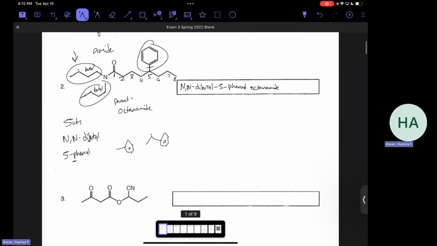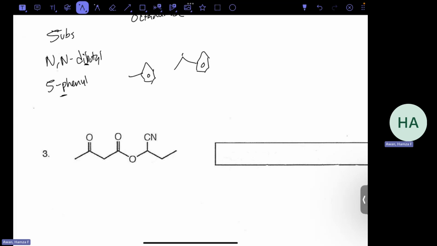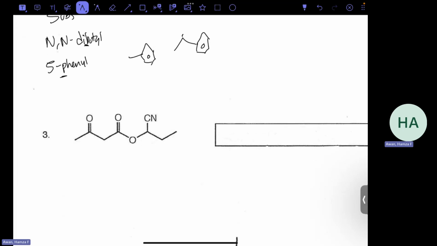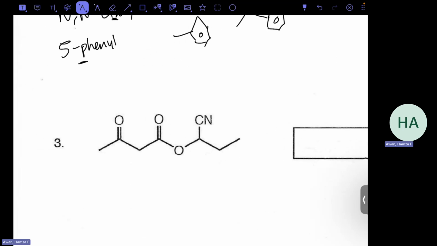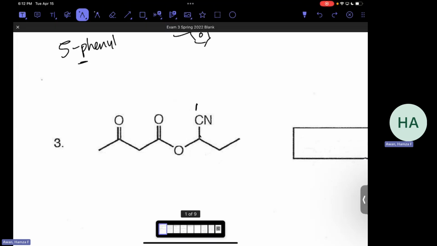All right. So third question. This is a keto ester. So we have a cyano group right here. But the nitrile group is not going to be our parent chain.